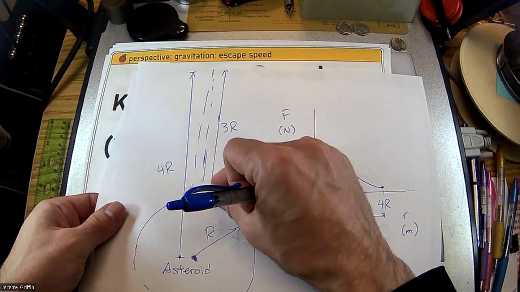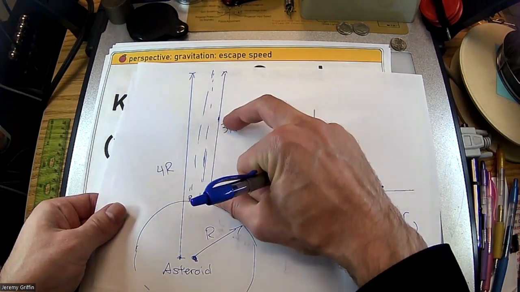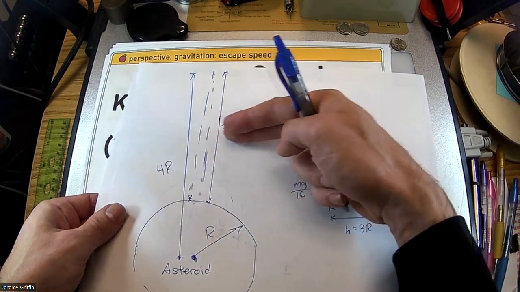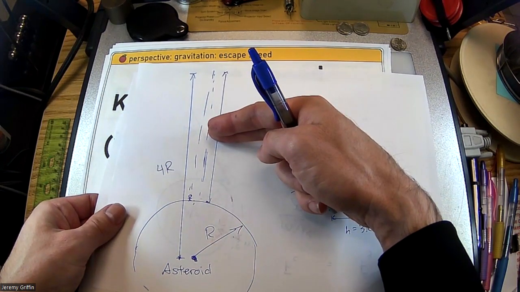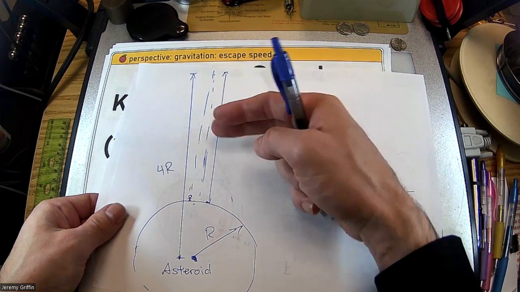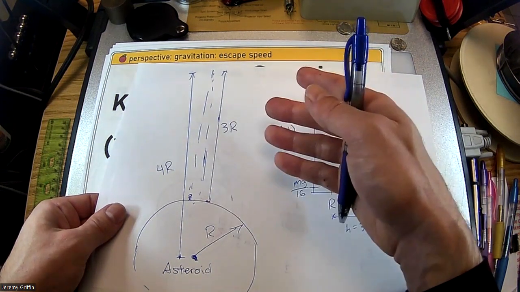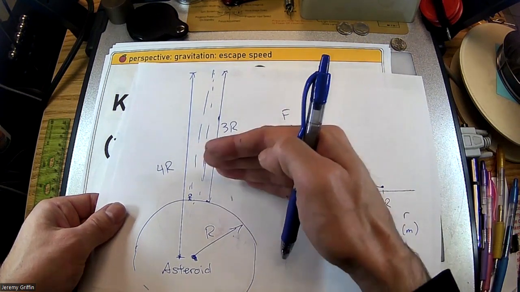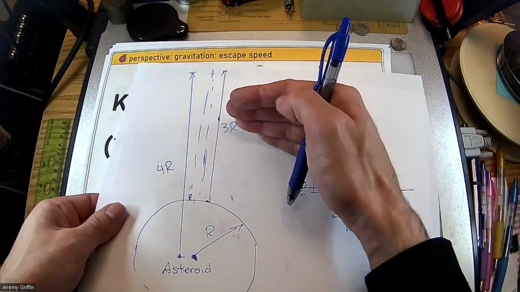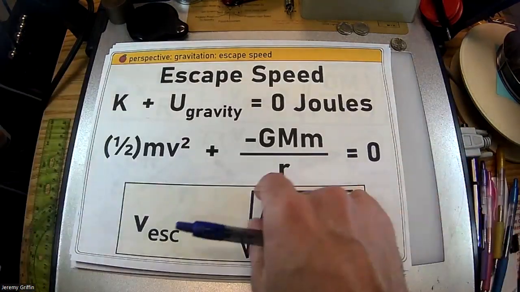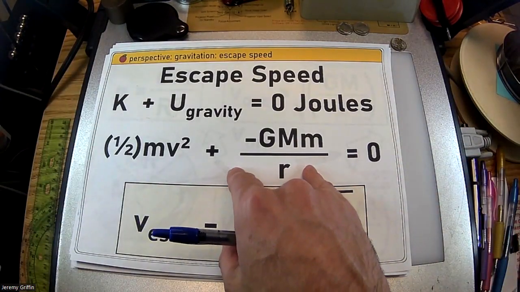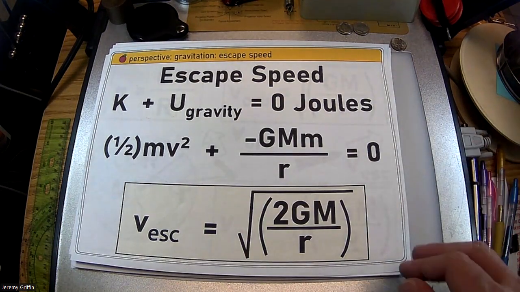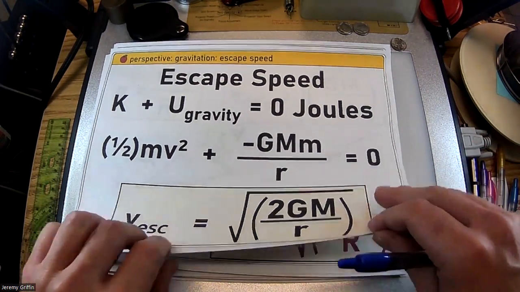If I asked you what's the speed of the rock at some location like halfway up, you could calculate that. Now, if it was on Earth, you could just say, oh, 1/2 mv squared equals mgh, boom, done. But you can't do that for this asteroid because the gravitational field is always changing significantly. So you'd have to use some version of negative GMm over r as your potential energy. So it'll be a little trickier to solve. AB's not going to ask that, though.